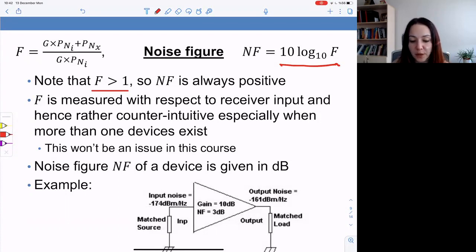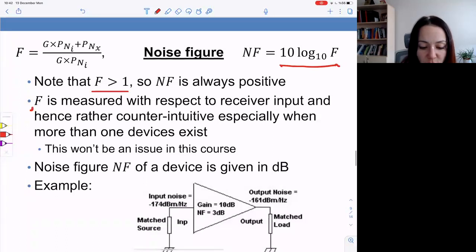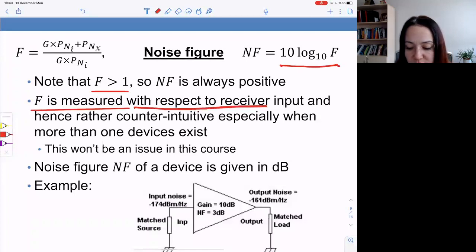Okay. But there's a strange definition of the noise figure and the noise factor as well when there are multiple amplifier stages cascaded together. So basically, here's the strange definition. The noise factor is measured with respect to the receiver input.